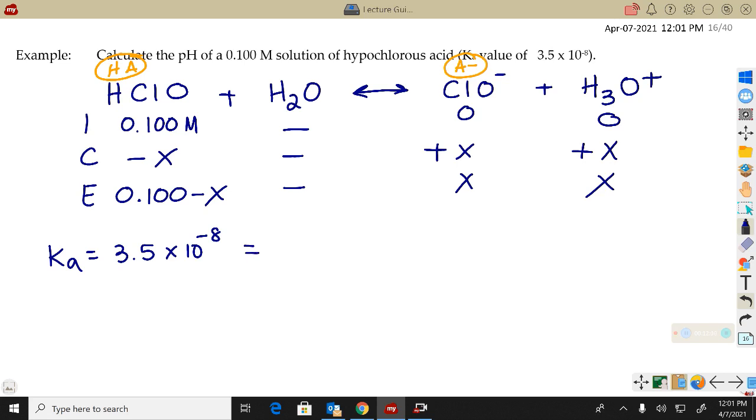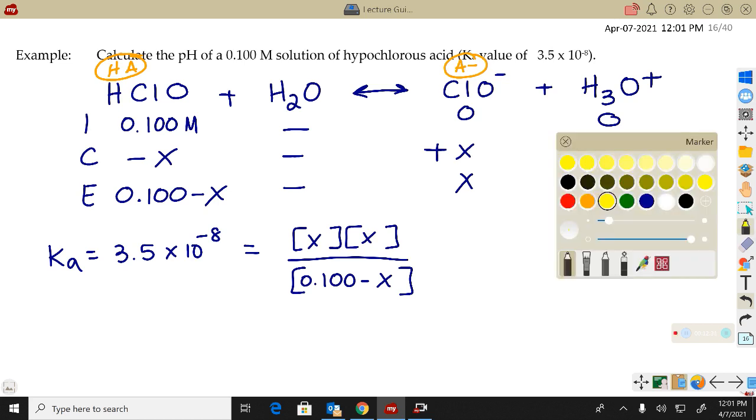But now, can you see the similarities in these two ice tables? It's always going to be X times X on the top in the numerator, or X squared, all over the initial molarity, 0.1 minus X. And we're always going to apply the 5% rule. So whatever X is, it's going to be crazy, crazy tiny.